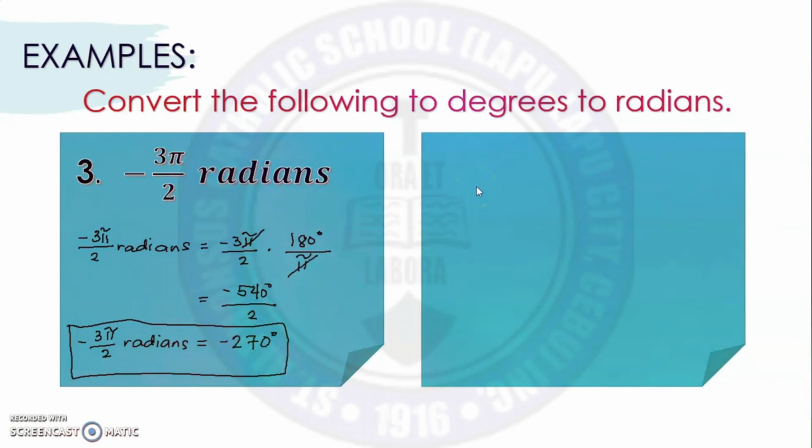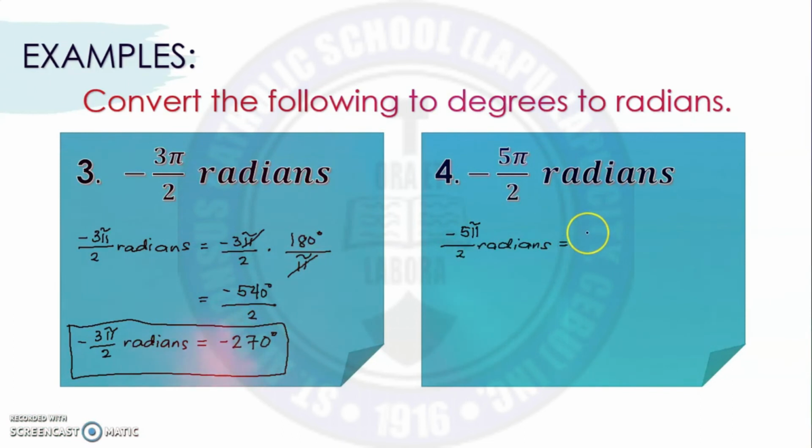And we are now down to our last example, and that is negative 5 pi over 2 radians. Again, just follow the format that I have given you, class. So it will become negative 5 pi over 2 radians equal to negative 5 pi over 2 times 180 degrees over pi.